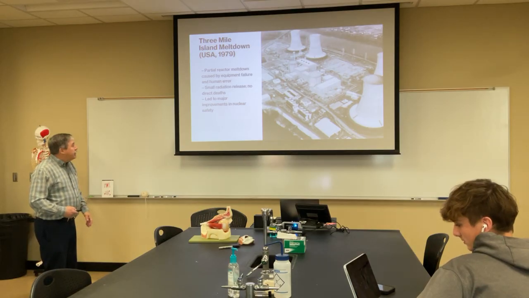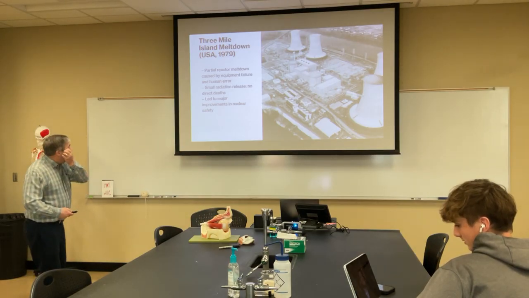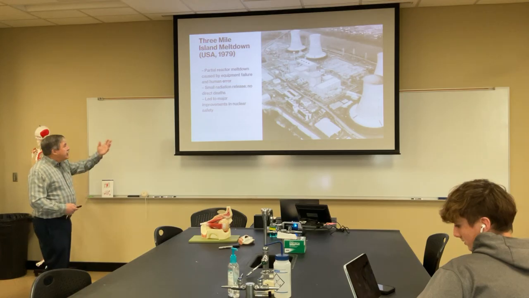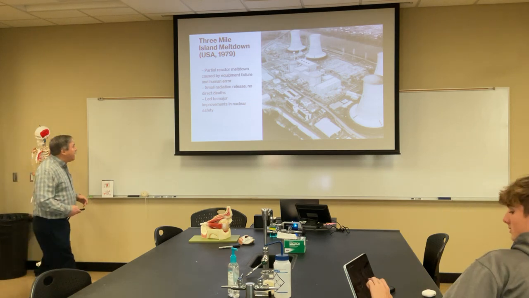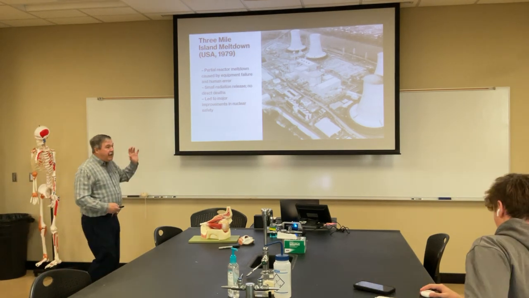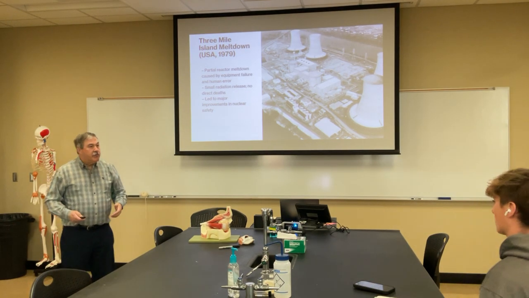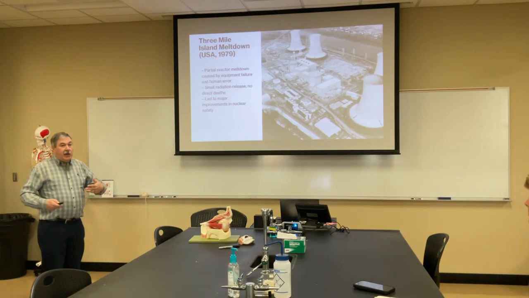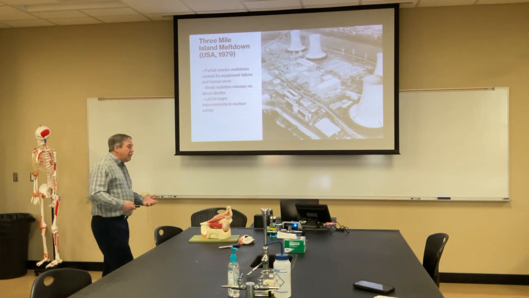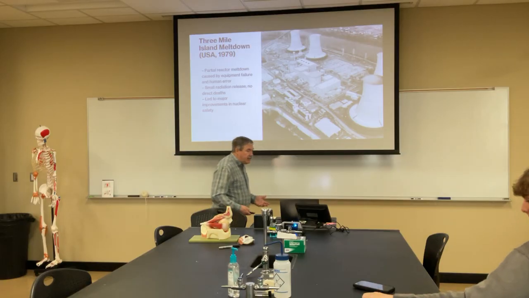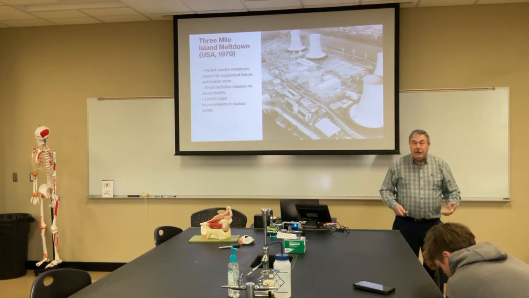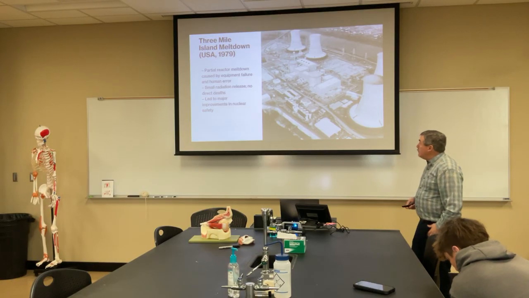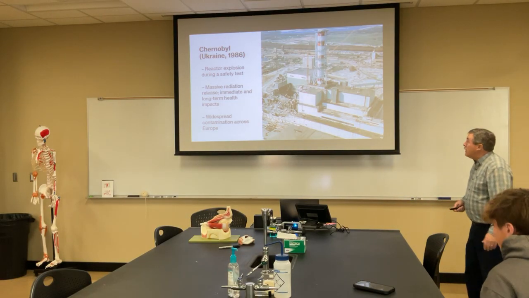And so it did result in a partial meltdown, but it didn't result in much release of radiation into the environment. There was some, but there were no direct deaths. But that led to a lot of improvements in nuclear safety. It also caused the American public to doubt the safety of nuclear power plants. So that kind of began the end of the use of a lot of nuclear power.